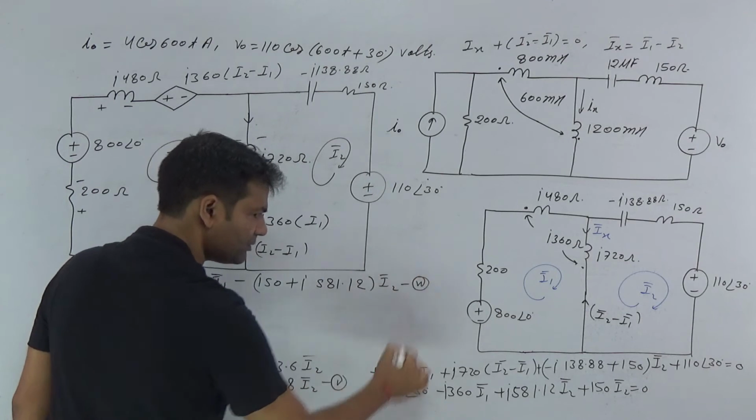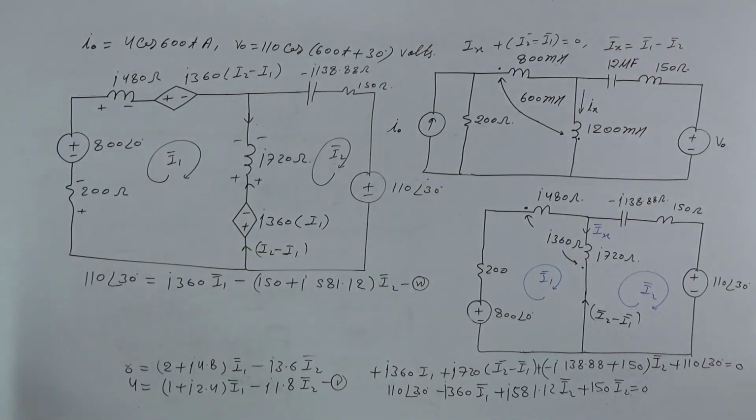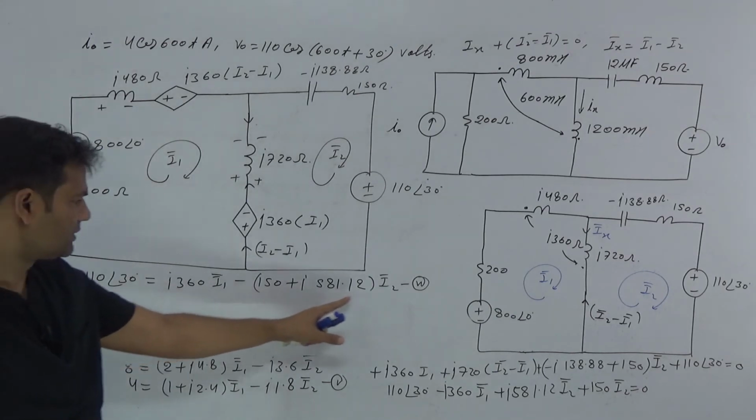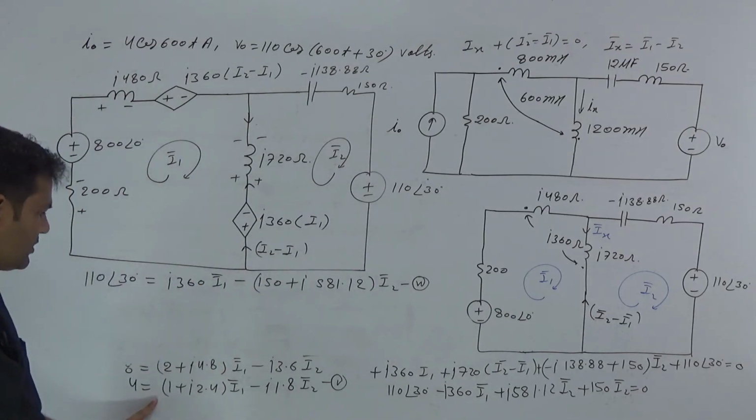That is equation number 2. Okay, clear? That is 360 corresponding to this one, and equation number 2, and this one is equation number 1.